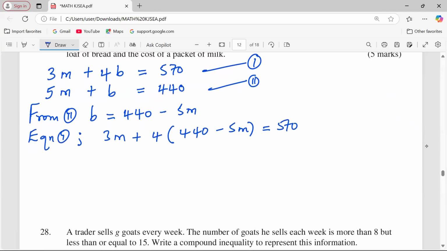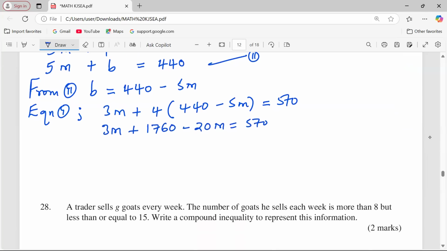We can open brackets here: 3M plus 440 by 4 will give us 1760 minus 20M equals 570.